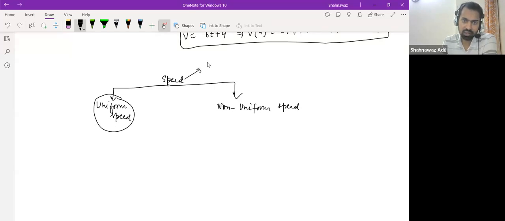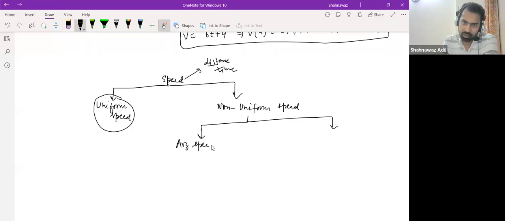So this is distance by time. And then for the non-uniform case, you have average speed, right? So this is total distance by total time taken, right?